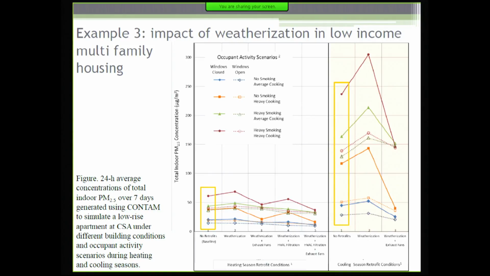So you can model what happens with all these different resident behaviors. If you open the windows and have your gas stove on, maybe you reduce PM 2.5, but you may increase outdoor air pollution and allergens coming in. So you have to think of all those trade-offs. This particular example just covers indoor PM 2.5. Next slide.